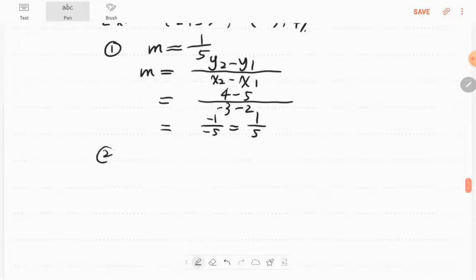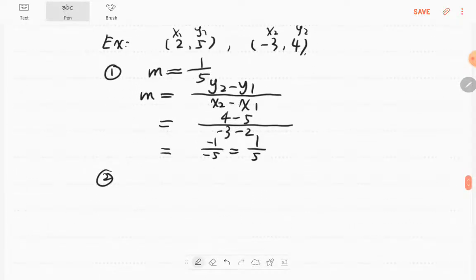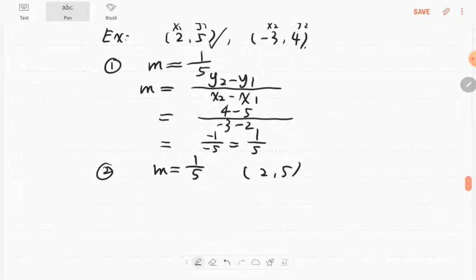Then the second step, we only need to pick any one of the points. So maybe we just pick this one. So we have slope and another point. We just use the point-slope form. Remember what's the point-slope form? Y minus y1.